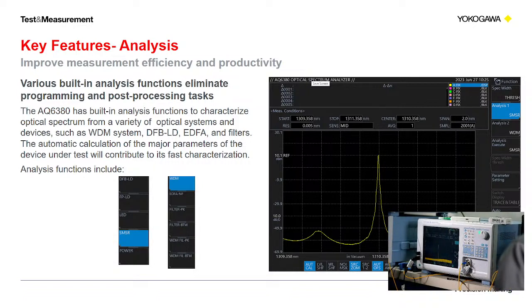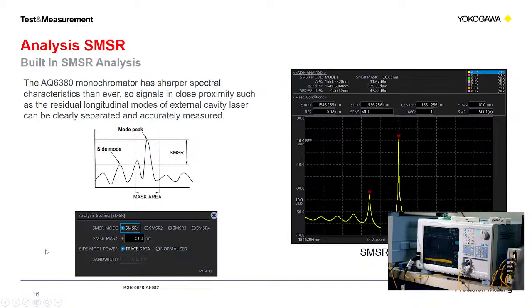Let's switch it then. Okay. Let's go to, sorry, I'm messing up. Oh, let's go to, what is it? The next slide should show SMSR. Yes, changing that. Then let's do a sweep. So analysis.